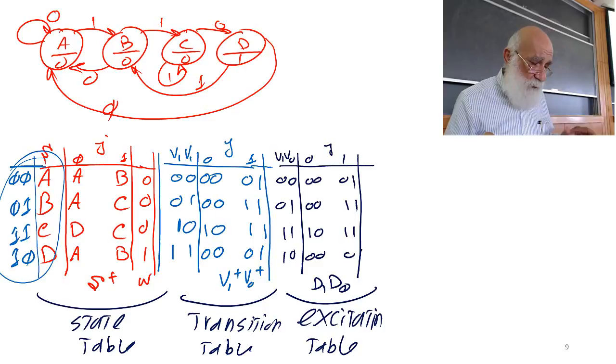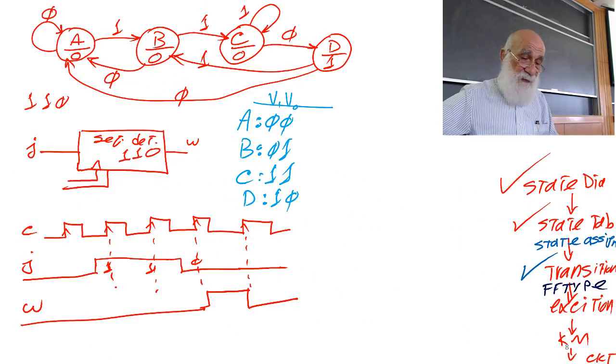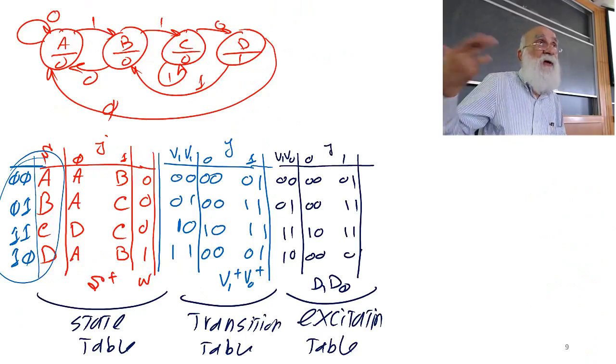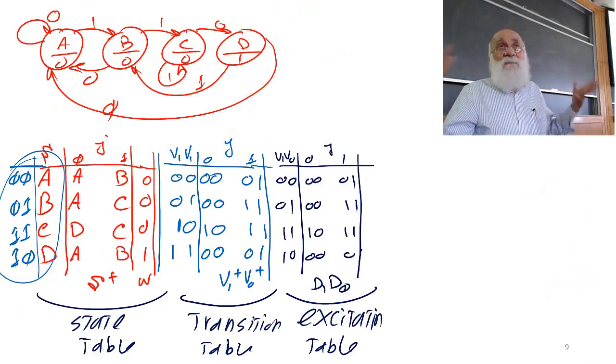And somewhere your output is; we will decide on the output later on. It's really not the most important thing now. After the excitation tables, which we are done, we do the Karnaugh maps. By the way, notice that my excitation table and my transition table, because I'm using D flip-flops, are exactly the same, and therefore I didn't really have to repeat it. I'm just repeating it because I wanted to show it to you for the very first example.